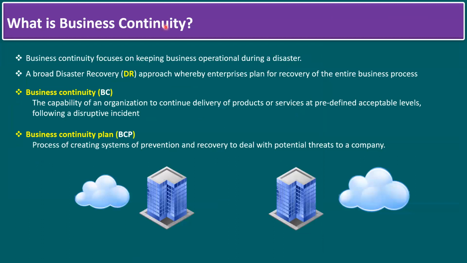So what is business continuity? Business continuity focuses on keeping business operational during a disaster scenario. It is a broad disaster recovery approach whereby enterprises plan for recovery of the entire business process. Business continuity is the capability of the organization to continue delivery of products or services at predefined acceptable levels following a disruptive incident.